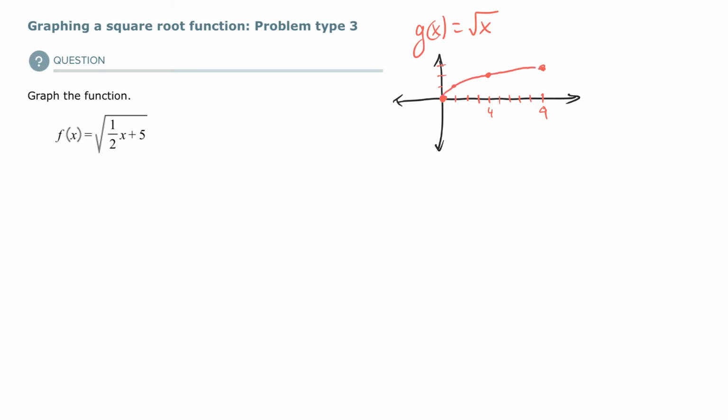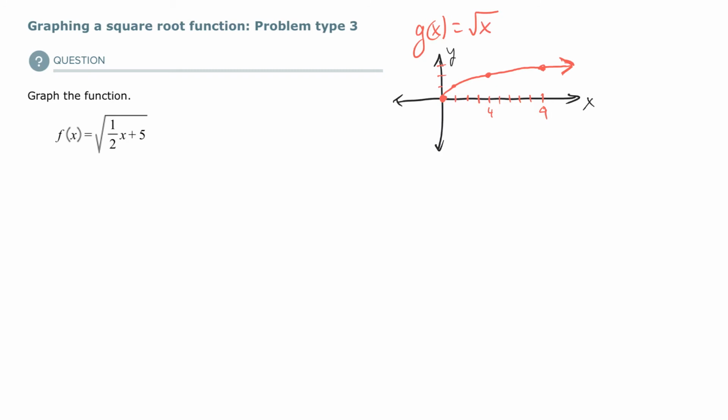So it's half a parabolic branch, sort of running parallel to the x-axis, but it's not. It's actually increasing. It is an increasing function from left to right. So that is our basic square root function.